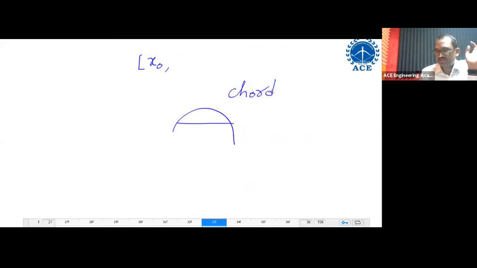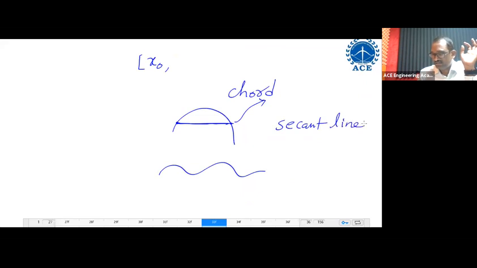Chord means what? A straight line touching the curve at 2 points only is called a chord. Secant line. What do you mean by secant line? A straight line touching the curve at 2 or more than 2 points.